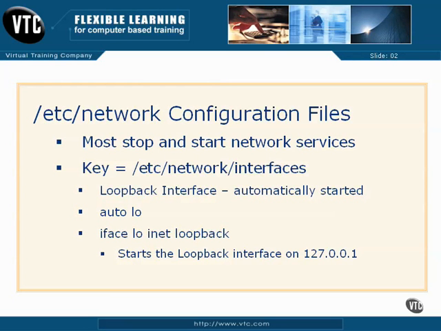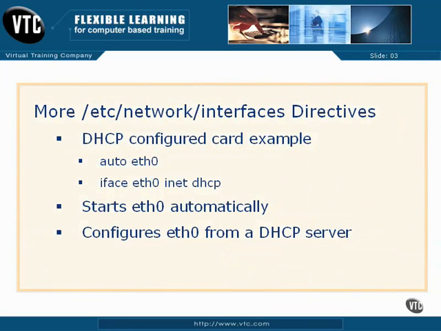The inet directive is associated with IP version 4 addressing. And the loopback directive specifies the loopback address 127.0.0.1. The next set of directives are associated with a dynamically configured network card.